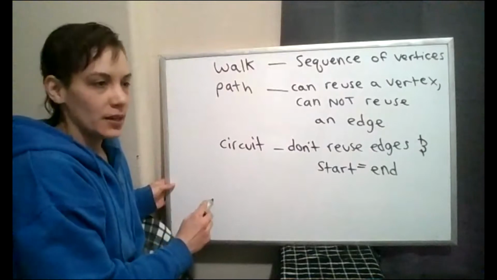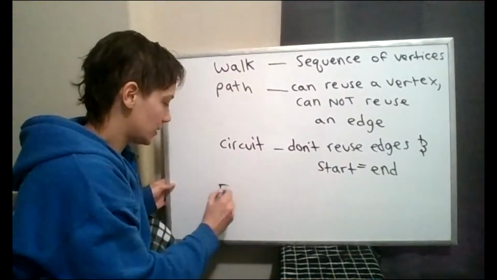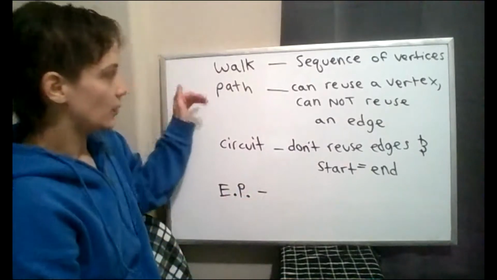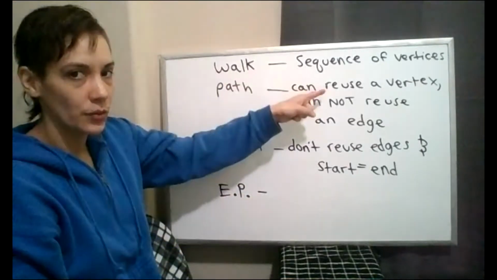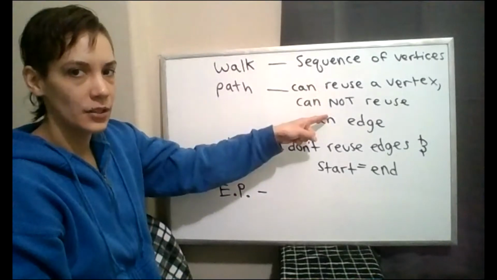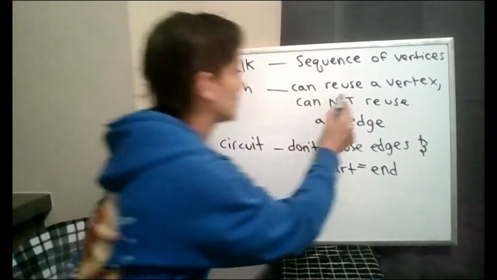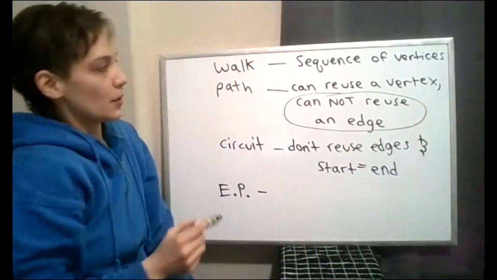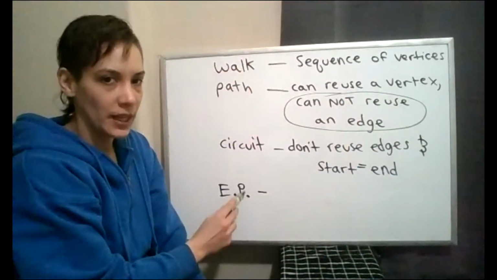Okay, today we've been working on Euler path, which is a path. You don't reuse edges. But you also use all of the edges.